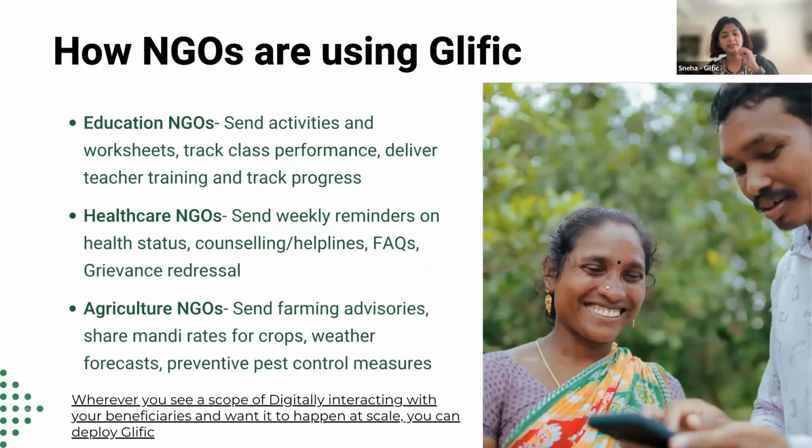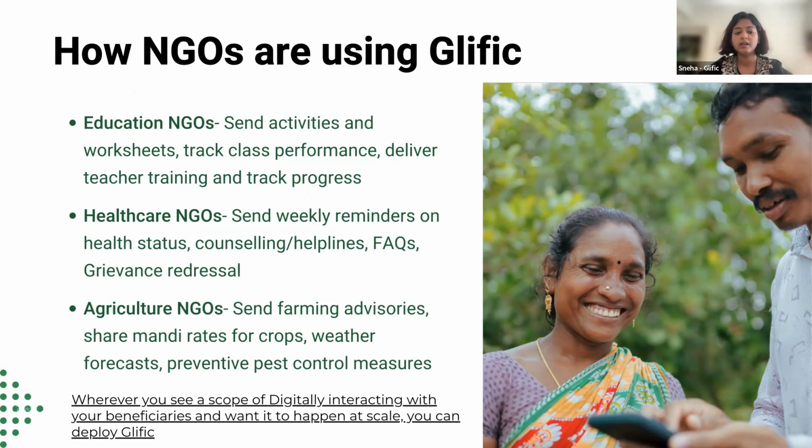Okay. Now I'll just quickly talk about how all other NGOs are also using it. We spoke about Quest Alliance, we spoke about DG. Apart from what Quest Alliance is doing on the bot, there is a lot of scope for education-based NGOs.